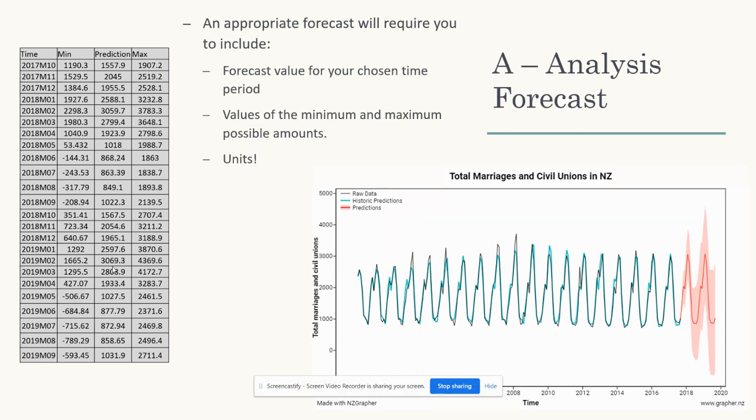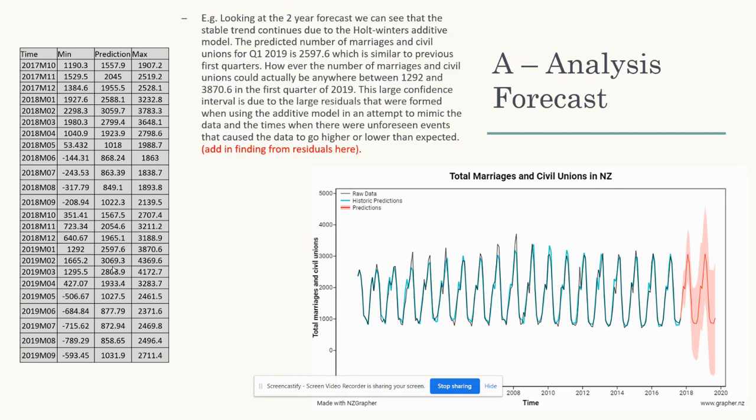So make sure you are including your forecast value as well as your minimum and maximum values and your units in each of these, even in the extended discussion. So here's an example. But what's also a really good idea is adding in any findings that you have from your residuals as an extended discussion, because the reason that your forecast boundaries can be larger is if you have residuals.